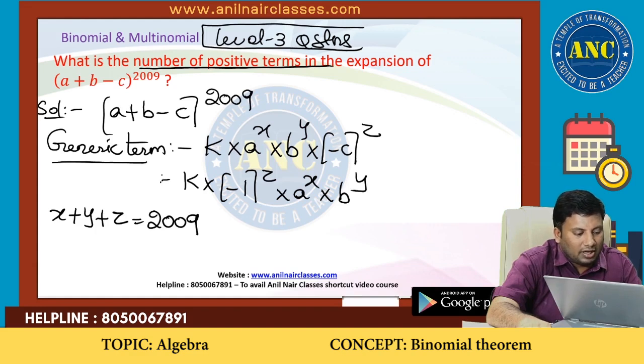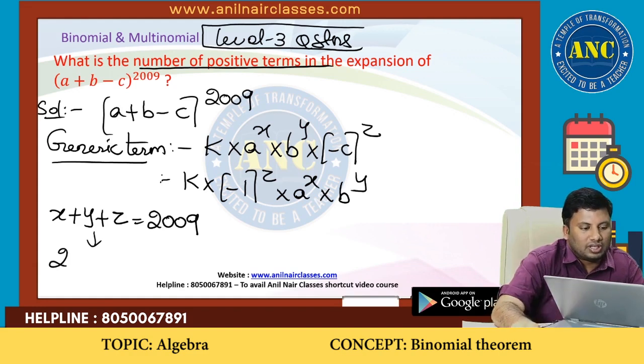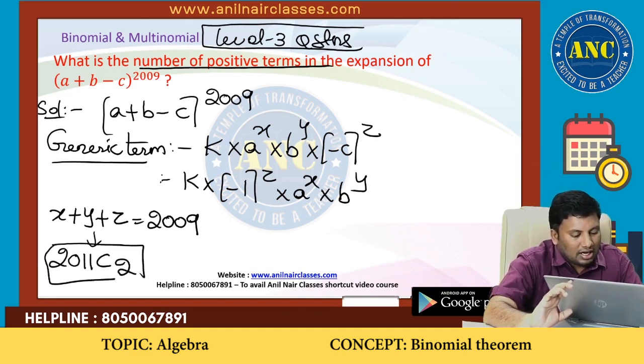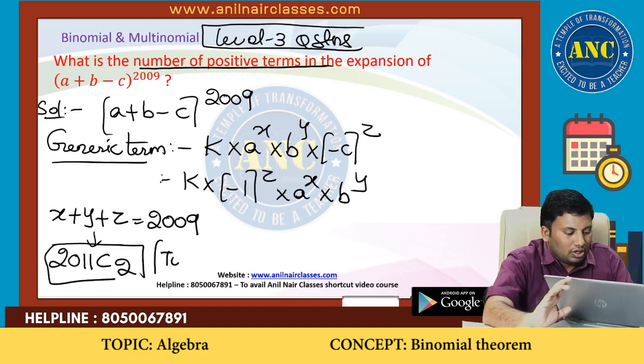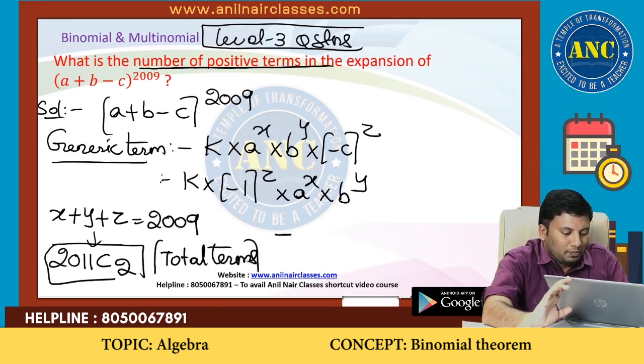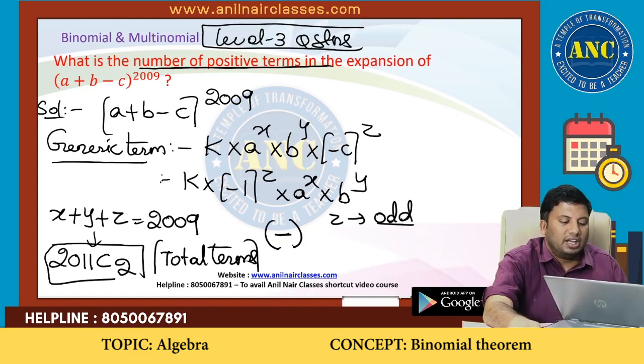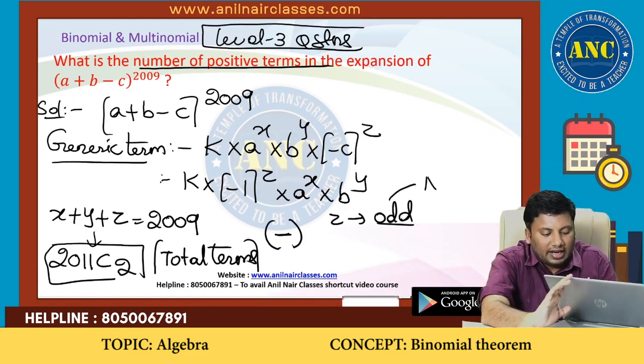So 2009 means 2009 plus 3, 2012. So it is 2011 too. These are nothing but the total terms, minus the ones where z is odd. If z is odd, I will get a negative term.